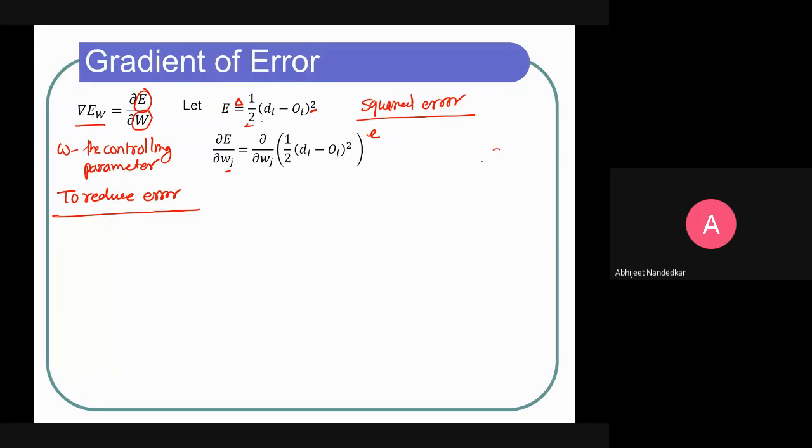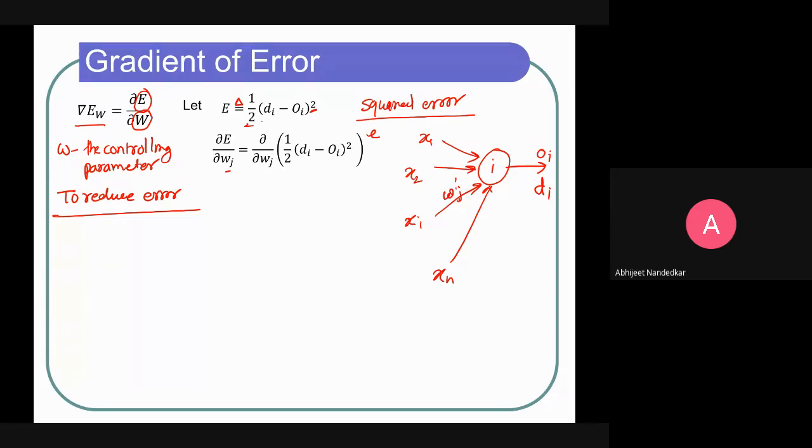Say this is the ith neuron, its output is Oi, its desired response is Di, with inputs X1, X2, and some intermediate input Xk, and there is a weight Wj here.